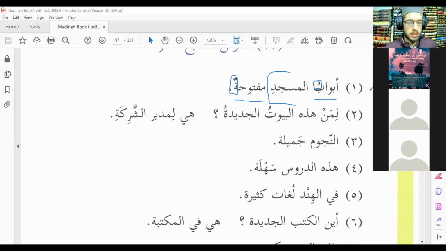Is everybody on board with me? Does that make sense? So if it were singular, it would be babul masjidi maftuhun. Just like that. But since it's plural, it is abwabul masjidi maftuhatun. That little extra ta marbuta there makes it a singular feminine form. And the meaning is that this is a group of non-human things.